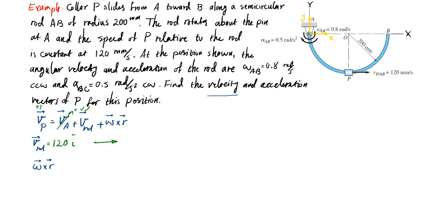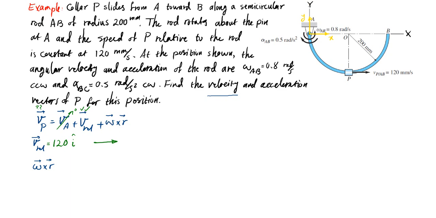So omega cross R exists, and I'm studying point P, which is not exactly on the origin. There's a distance R between that point and the local coordinate frame, which means omega cross R exists.